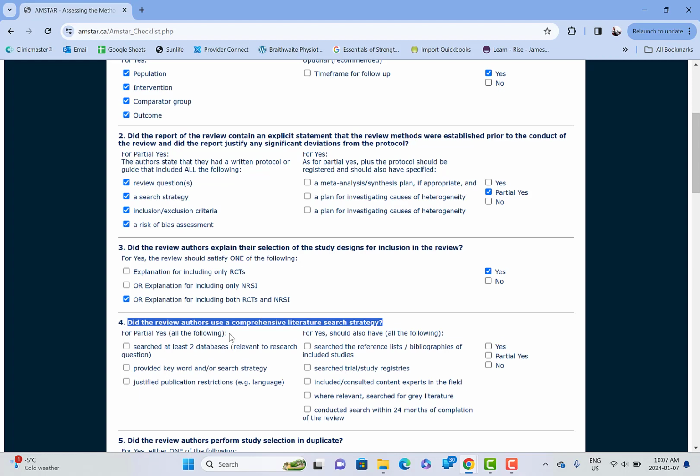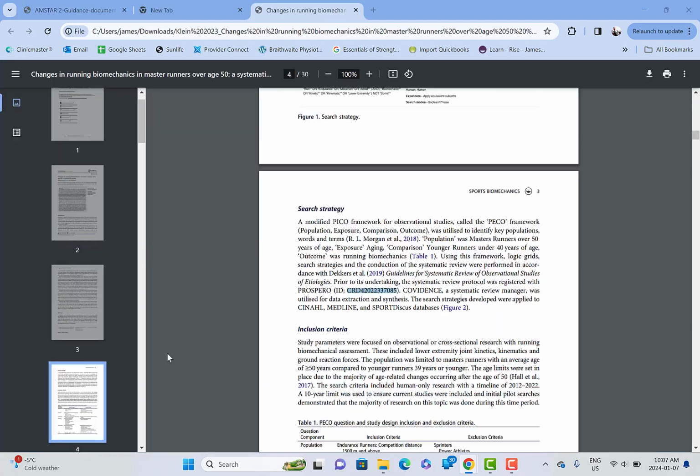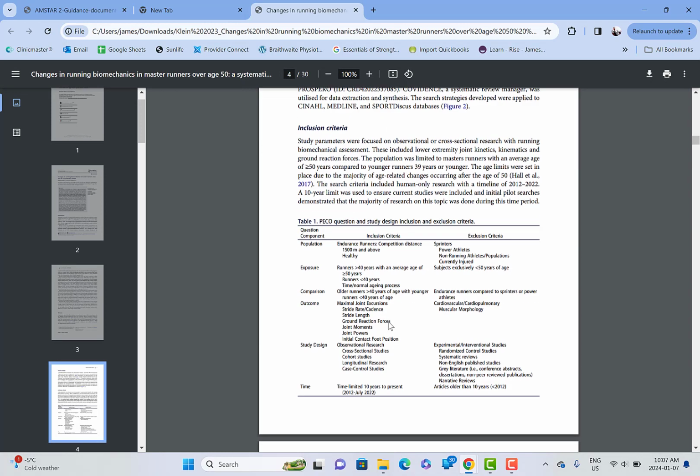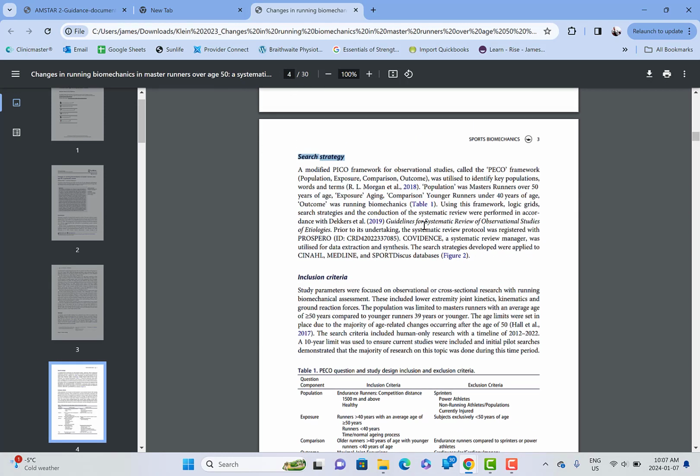Question 4 of the AMSTAR tool asks us, did the review authors use a comprehensive literature search strategy? And then they give us these criteria for answering either partially yes or yes. And the paper does give a pretty comprehensive discussion of the search strategy. And we can see that we have all the criteria for partial yes ticked. They searched more than one database, at least 2.